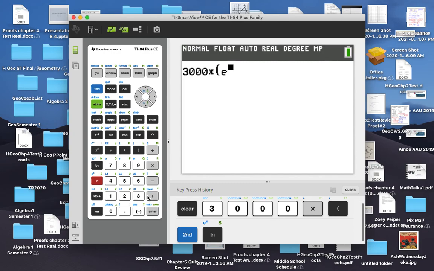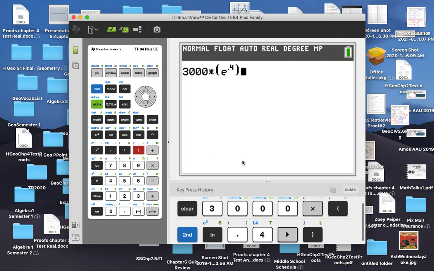So that gives me 0.4. And that will give me some number. And it looks like I will have $4,475.47 after 8 years.